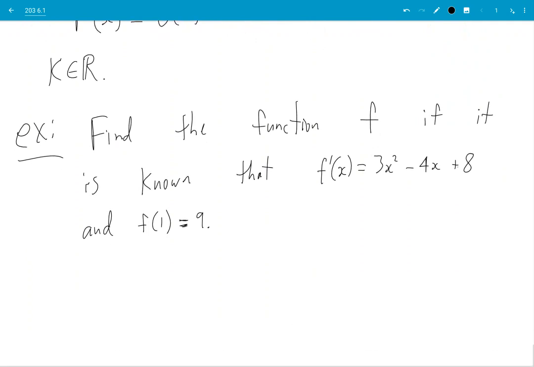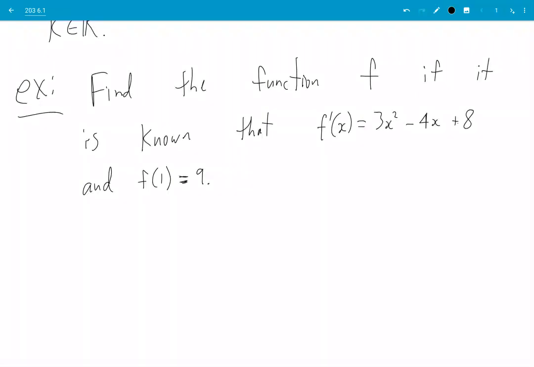Okay, the theorem tells me that if I have this information about the derivative, then the original function must be, well, you just do an antiderivative. Let's go slower here.